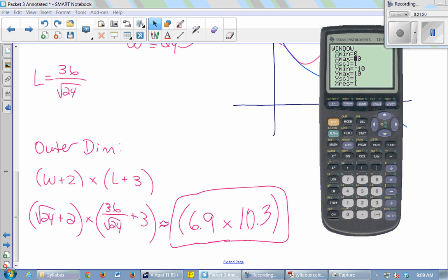So I'm going to use this to help me set my window. Maybe I'll go to like 20 inches for W. And then for Y, this is the area. What's 6.9 times 10.3 like approximately? 70 something, yeah. So that's the minimum area, we think, right? So we're double checking, but we think that's the minimum area. So I'm going to go 0 to 200 square inches.